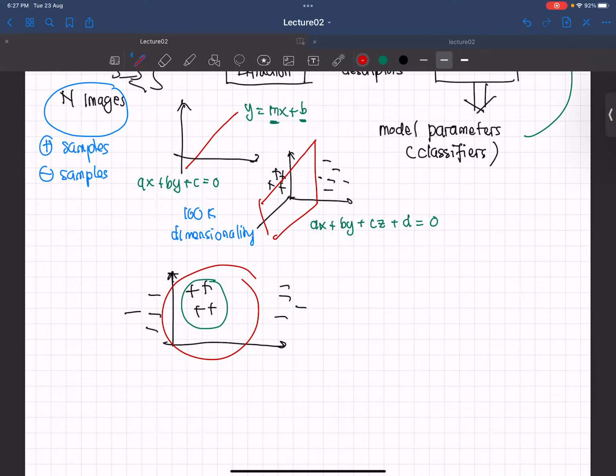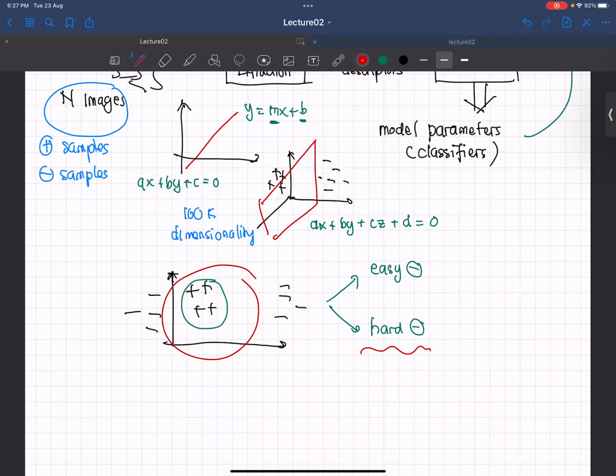Okay, so there are two types of negative samples, easy negative and hard negative. As you can understand, hard negative is better than easy negative. And that requires you to mine hard negative, which is called hard negative mining.